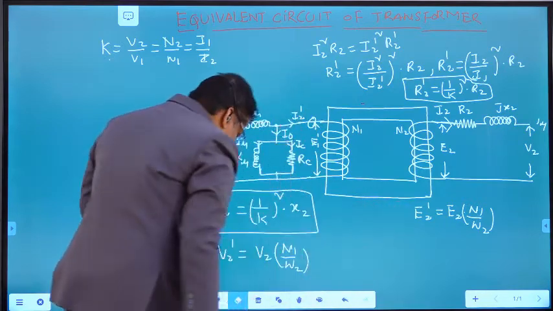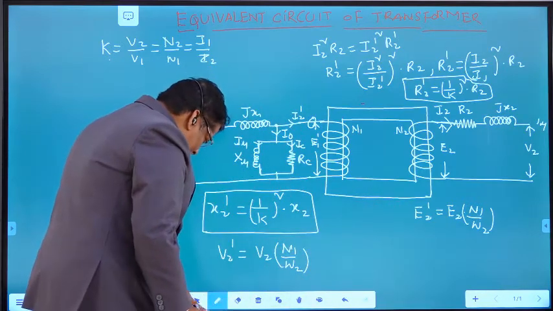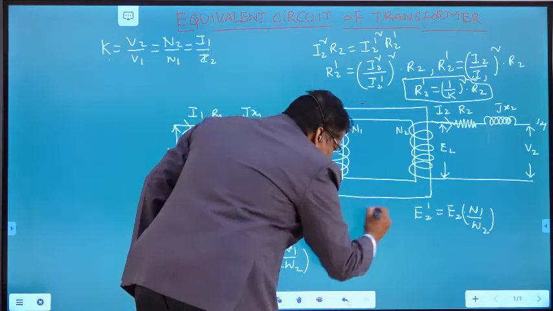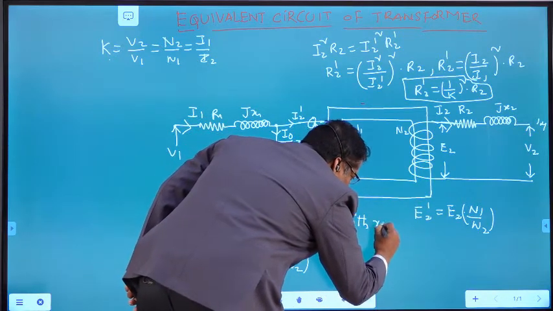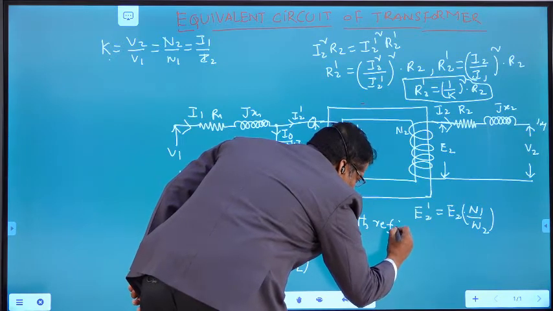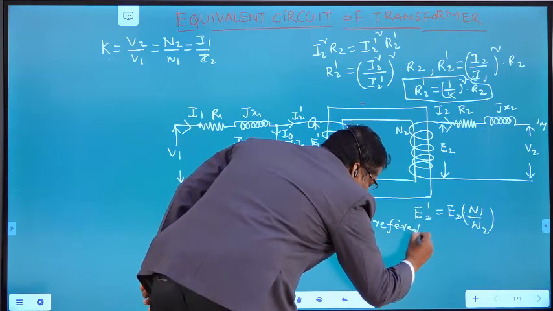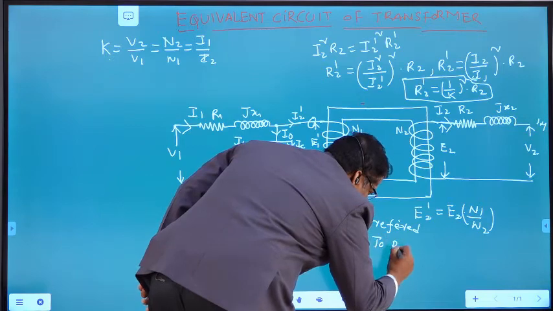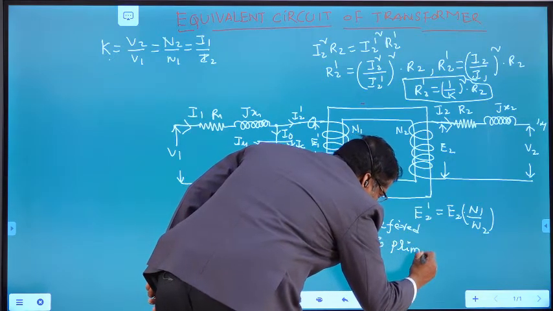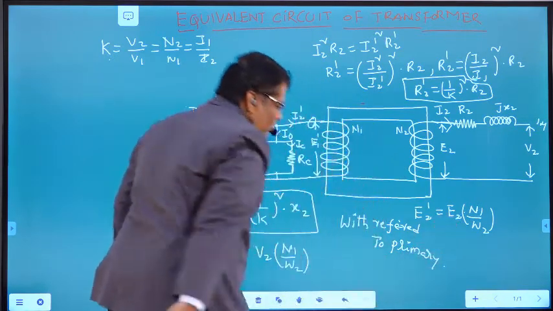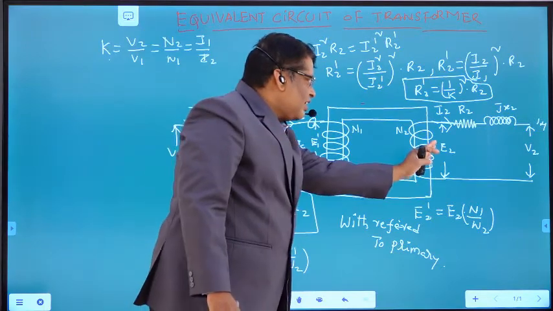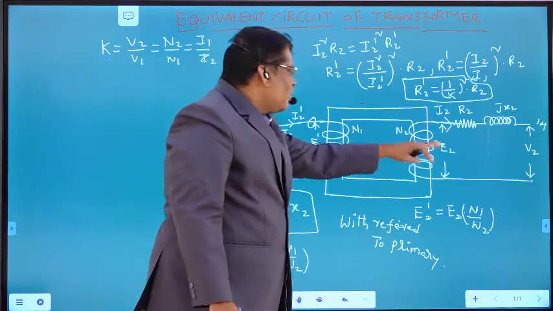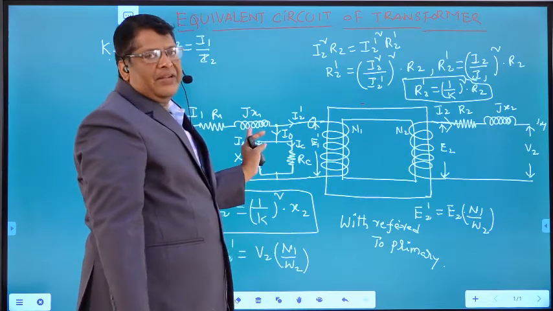This is the voltage with reference to the primary. In this manner, all the parameters of the secondary we have to refer to the primary.